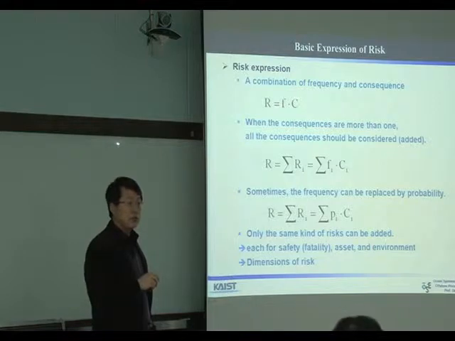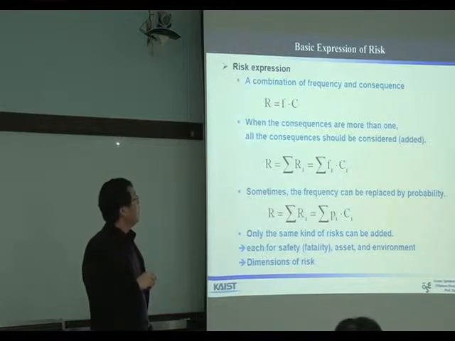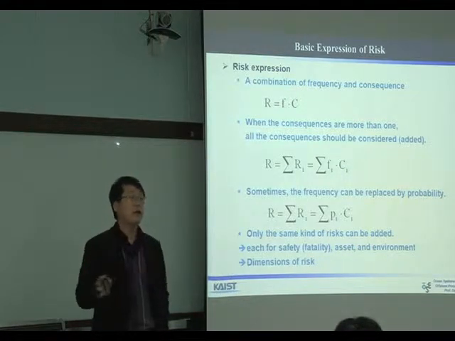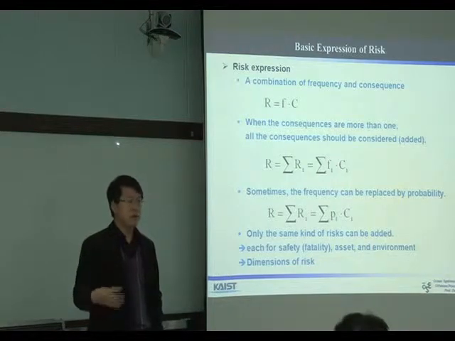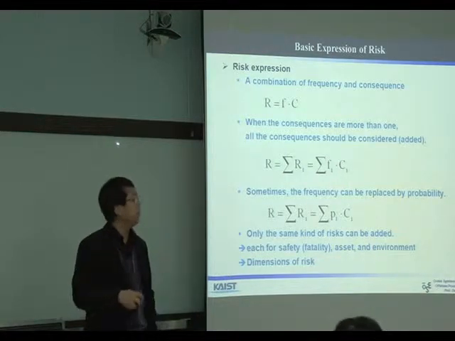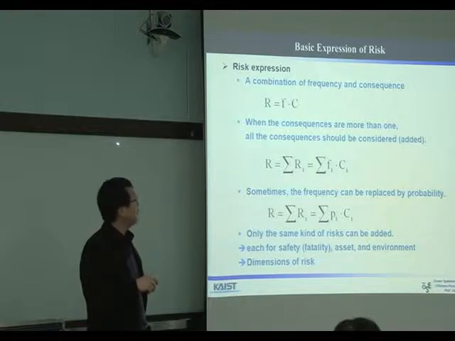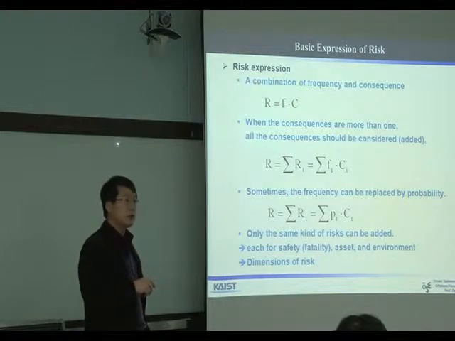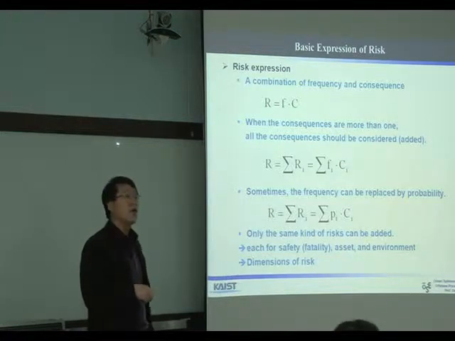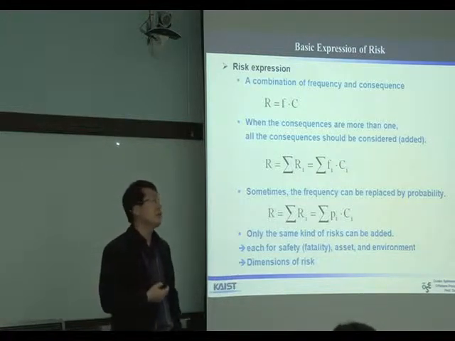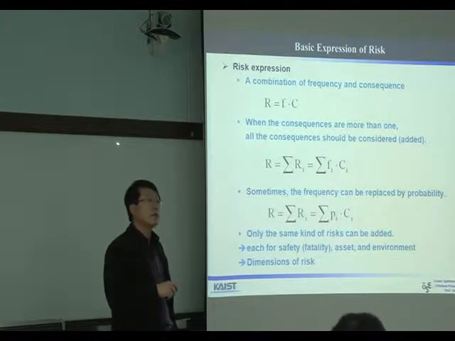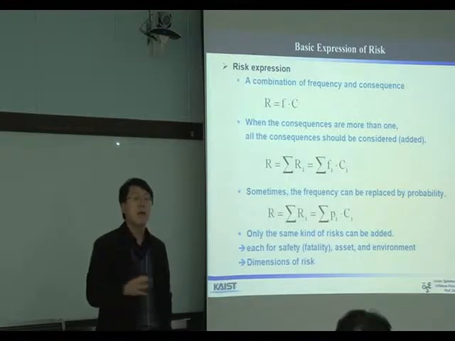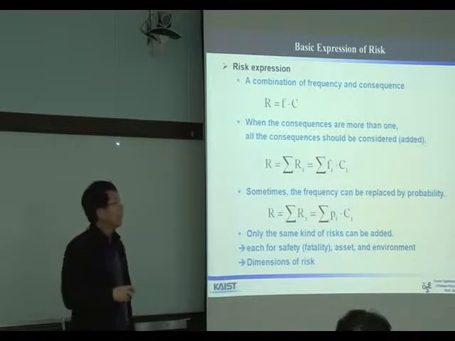But in reality, there can be several consequences. In that case, we need to sum all the risks. The total risk is the sum of partial risks. A partial risk is the partial frequency multiplied by the partial consequence, so we should sum up all the partial risks.